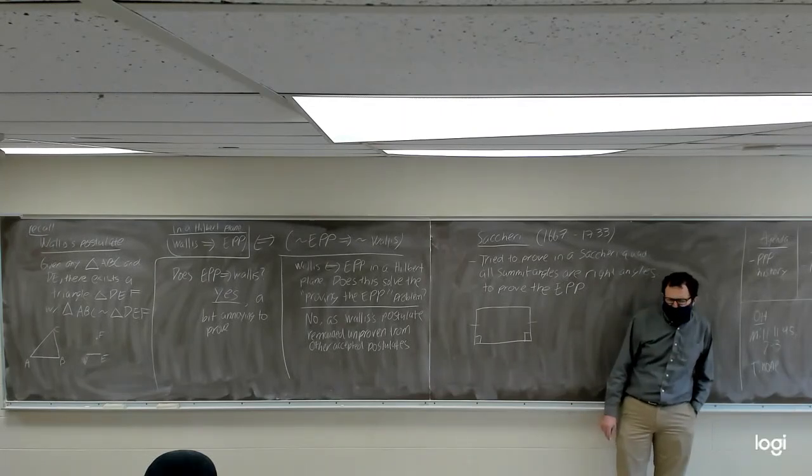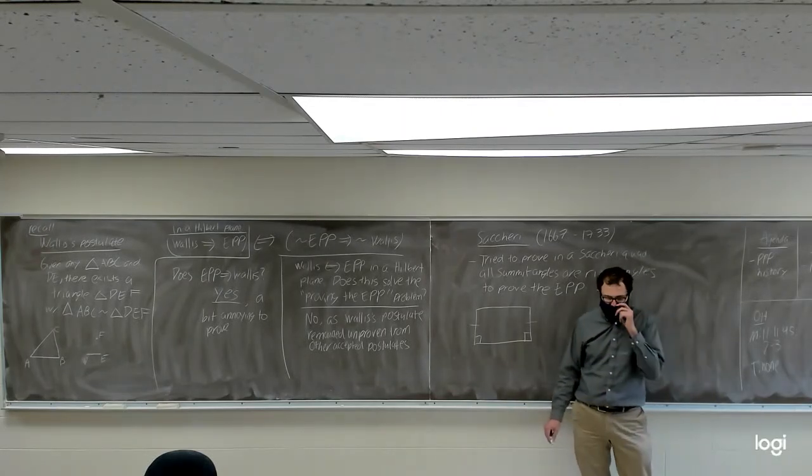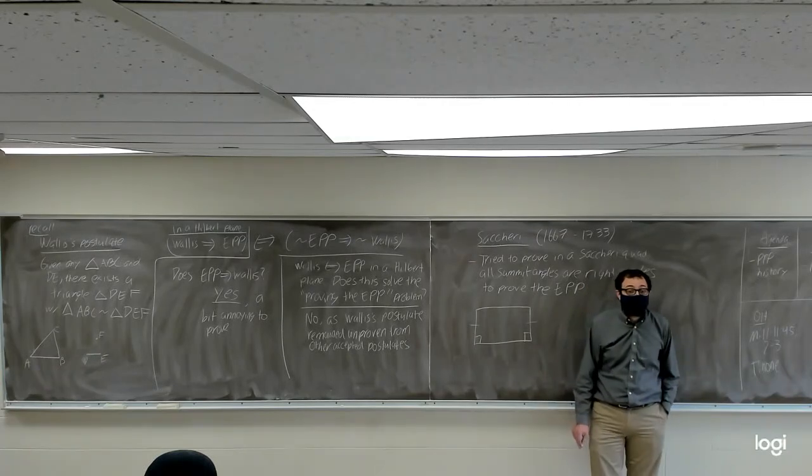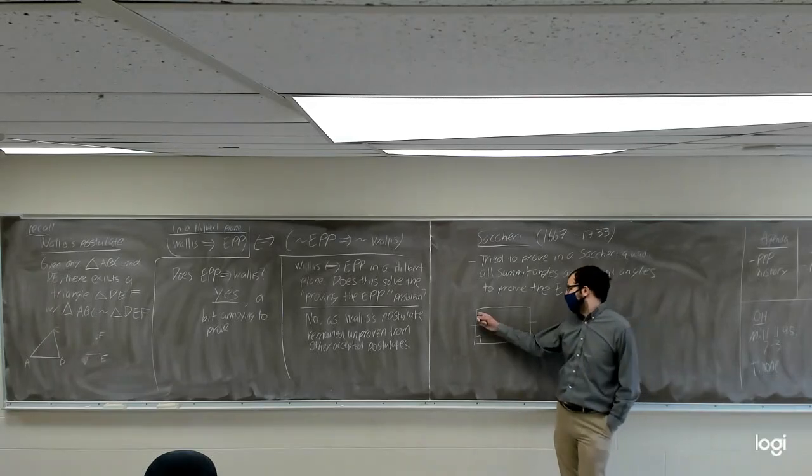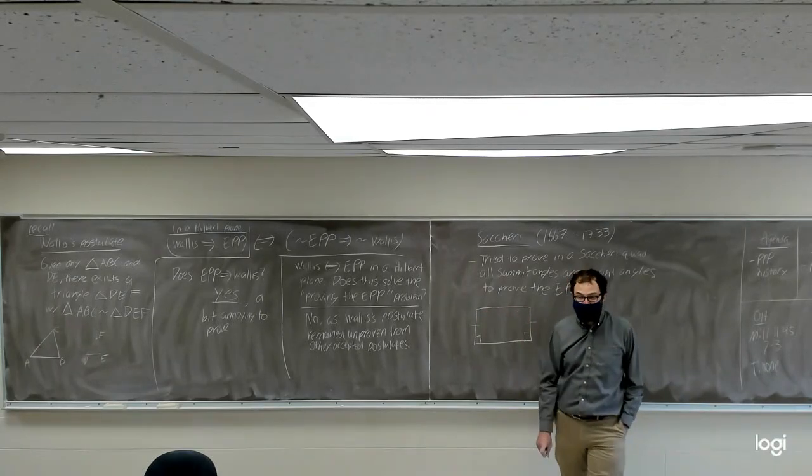If you recall, what do we know about the summit angles of a Saccheri quadrilateral in a Hilbert plane? We were able to show something about the summit angles in a Hilbert plane. I'm glad Megan and Jack are answering questions. What about the rest of the class? What did we know had to be true in a Saccheri quadrilateral about these summit angles?